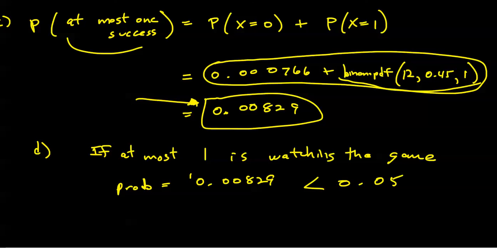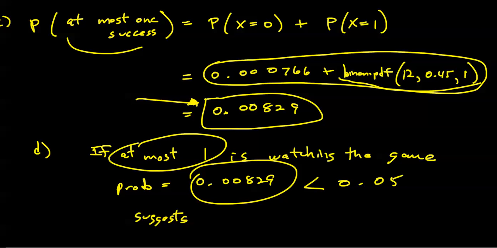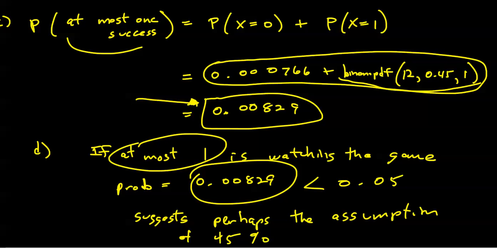Which would be a very unusual event, right? So this suggests, if this event is indeed happening, that perhaps, not for sure, but perhaps the assumption of a 45% share of the TV audience is wrong. Okay? But again, we don't know for sure. It just suggests this. Alright, we'll call it a day.